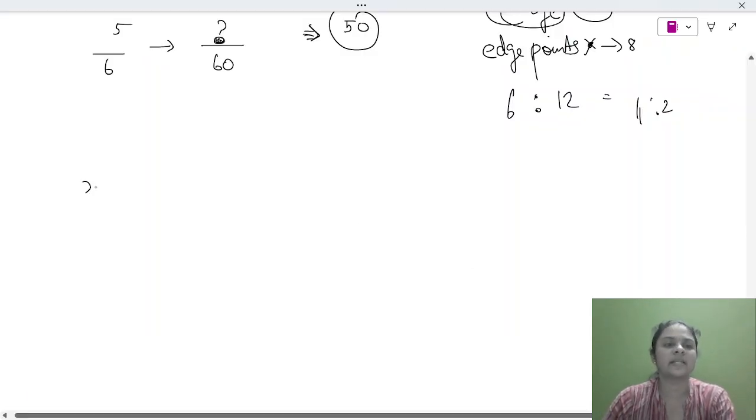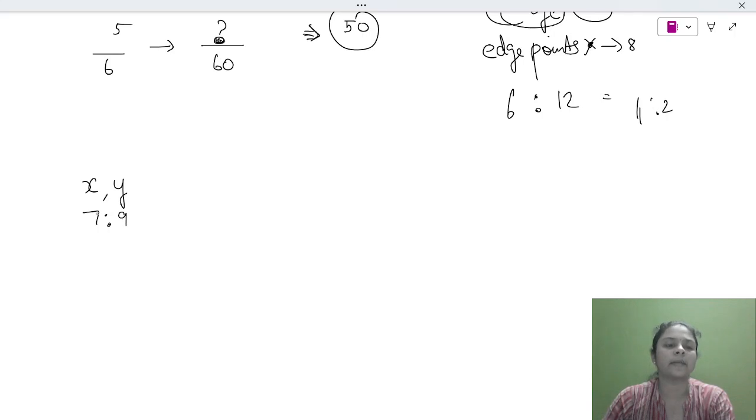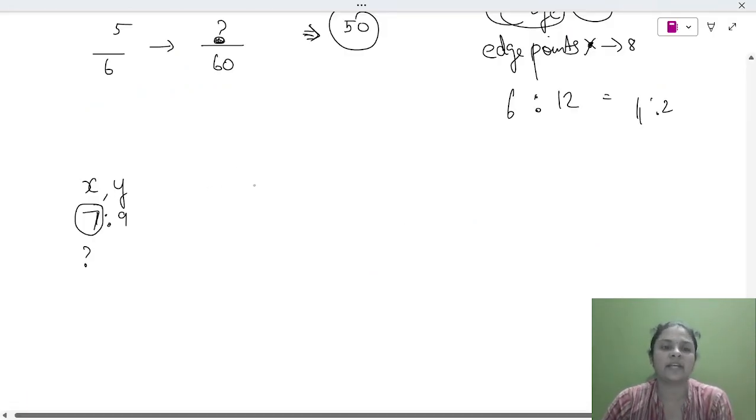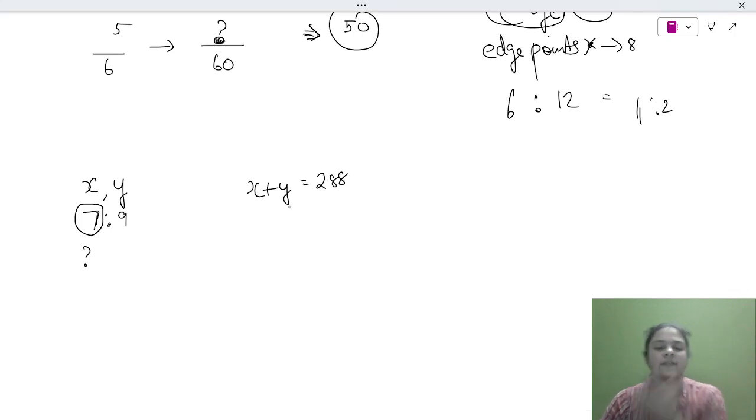The two numbers, let's assume x, y, are in the ratio 7:9. The smaller number is what is asked. Now, the sum of the numbers is 288. So, x plus y is equal to 288.